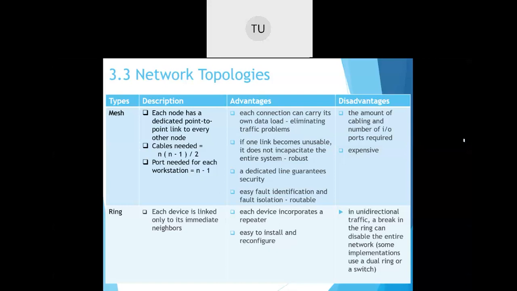The first one is the amount of cabling and number of I/O ports required. Let's say you are connecting 3 PCs, right? I want to give you an analogy. At hostel you can play FIFA or Pro Evolution Soccer with your friends, right? Even without a switch, the 2 PCs can be connected to each other.